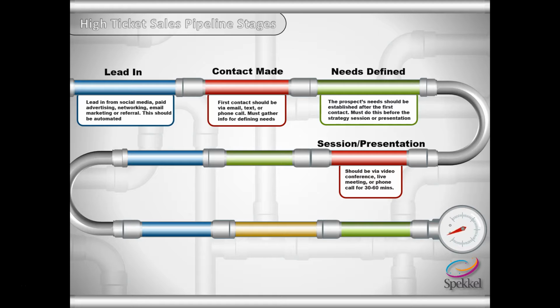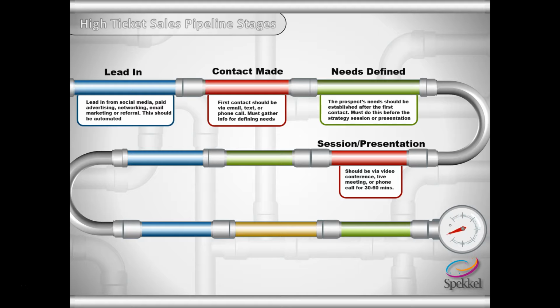And this strategy session or presentation call, or whatever you call your conversion event, should last between 30 and 60 minutes. Anything less than 30 minutes is probably going to be difficult for you to get them to a point where you understand exactly if they need your program and if you can help them. And usually anything over 60 minutes can get drawn out.